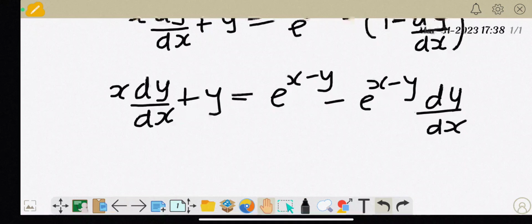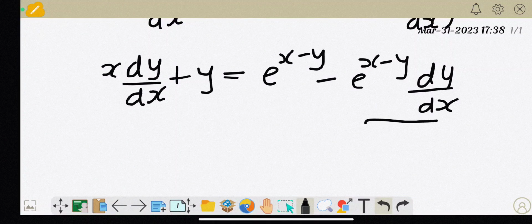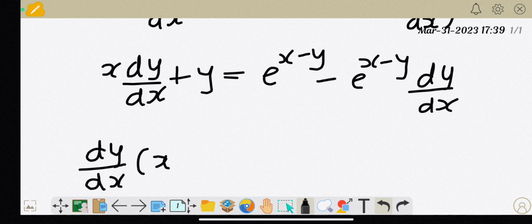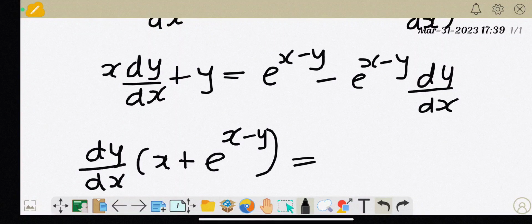Next step, send it to the right hand side. So negative will become positive. So dy by dx I will take common outside. So x plus e to the power x minus y, and here y I will send to this side. So positive becomes negative. So e to the power x minus y minus y.